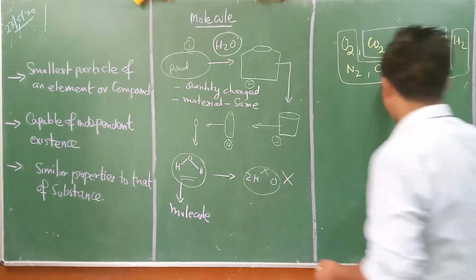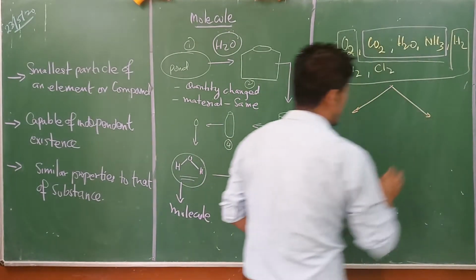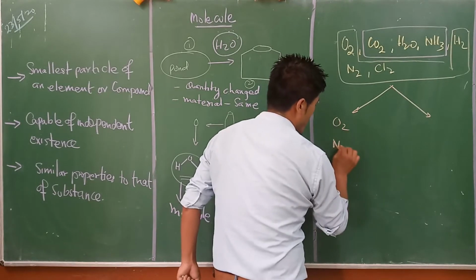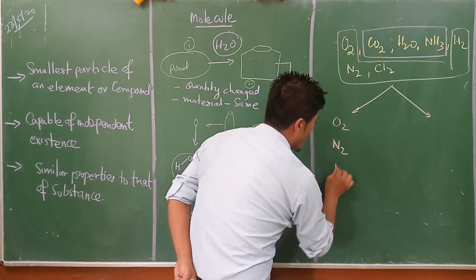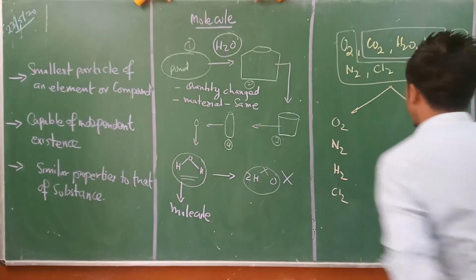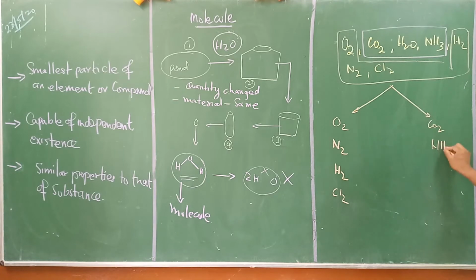So we are going to classify that into two parts here. Let's say O2, N2, H2, and Cl2. And in this case, we're going to write CO2, NH3, and H2O.